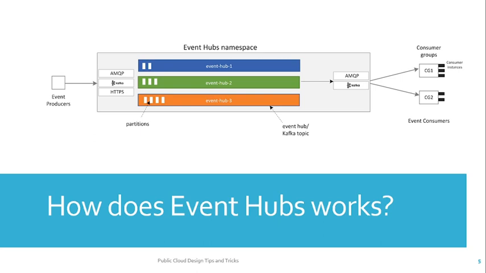Inside the namespace, you can see there are three colorful event hubs. An event hub or Kafka topic is where you organize events. It is an append-only distributed log, which can comprise one or more partitions. Partitions are used to scale an event hub.